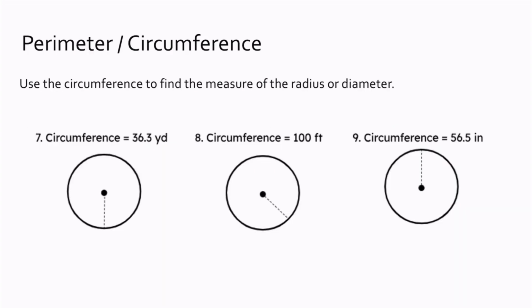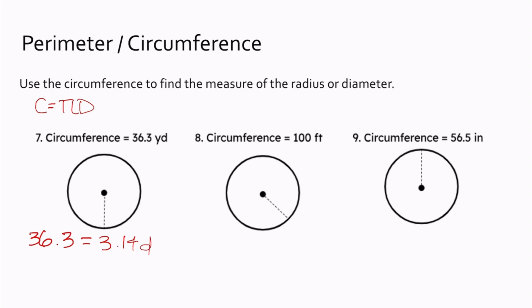Do the same thing, except now we have circles and we know what the circumference of the circle is. But we want to find the measure of the radius or the diameter. All right, so we know that in a circle, circumference equals pi times the diameter. Now, if we know already what the circumference is, so here we know that the circumference is 36.3 equals pi, which we know is 3.14, times the diameter.